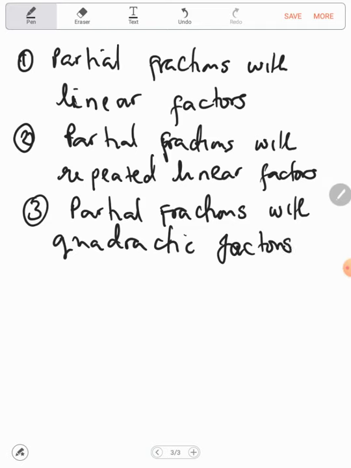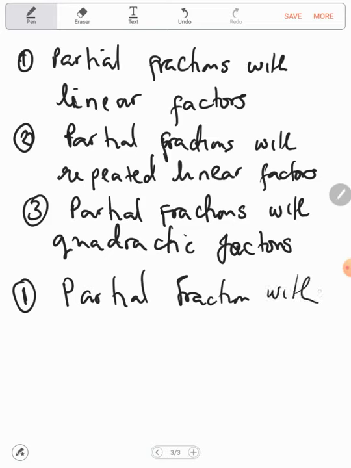Okay, so we start with the first case, the partial fractions with linear factors.